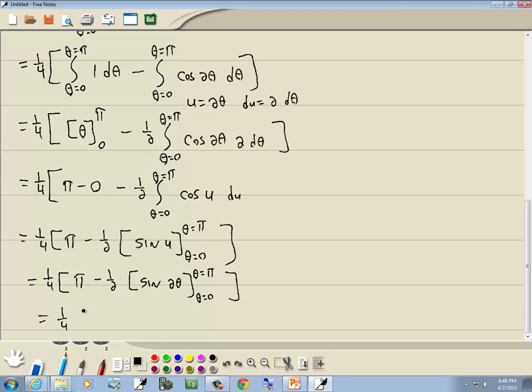equals 1/4 pi minus 1/2. We'll plug pi in for theta. So we've got sine of 2 pi minus sine of 2, and then I'll put 0 in for theta. So 2 times 0.